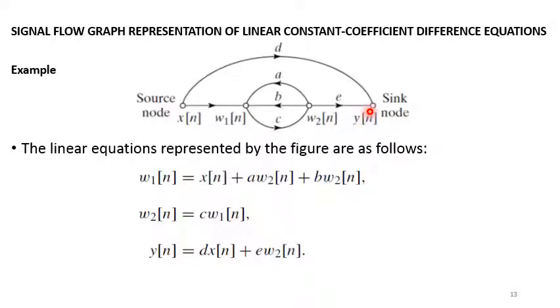Similarly, the output node, or the sink node, is y of n, and y of n has two inputs. One is x of n scaled by d. So y of n equals d x of n plus the other input coming from this side, that is w2 of n multiplied by e. So y of n equals d x of n plus e w2 of n.